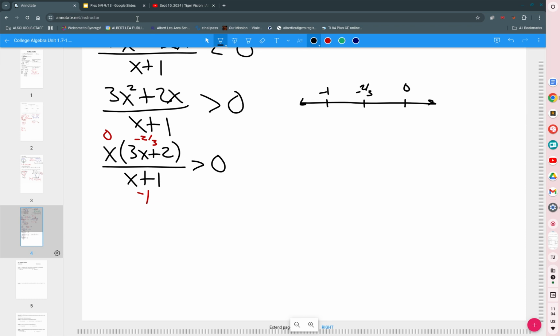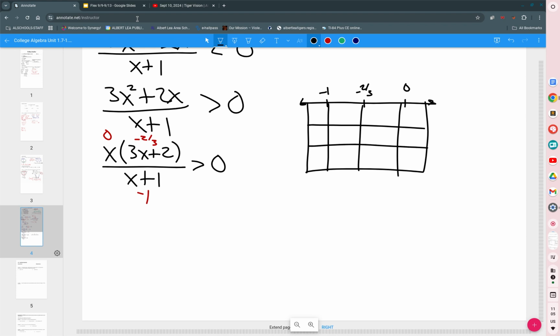How many columns? 4. How many rows? 3. So I have x, I have 3x plus 2, and I have x plus 1.